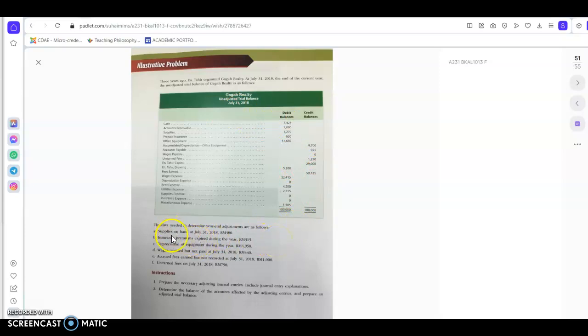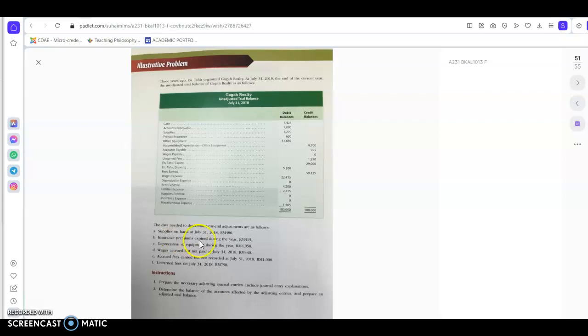Additionally, there is some extra information given. Okay, data needed to determine the year-end adjustment are as follows.